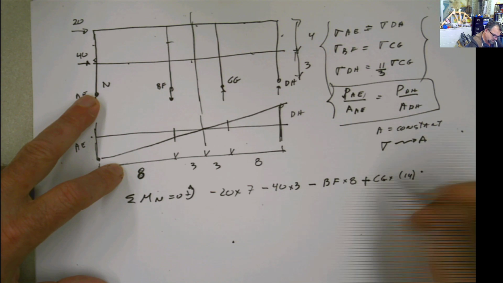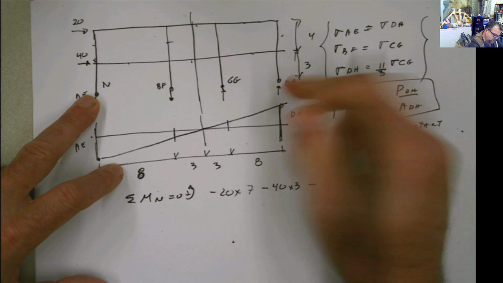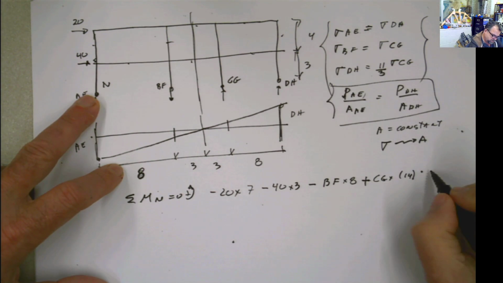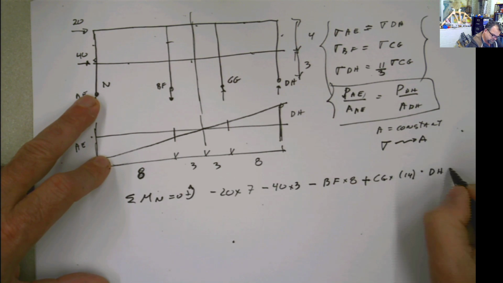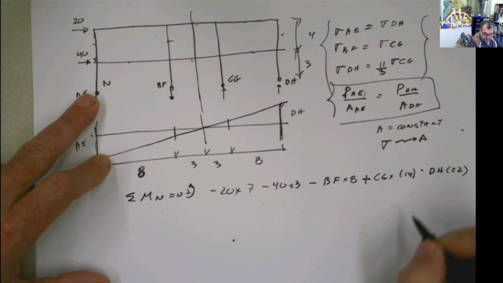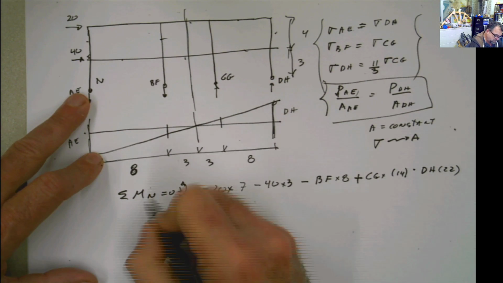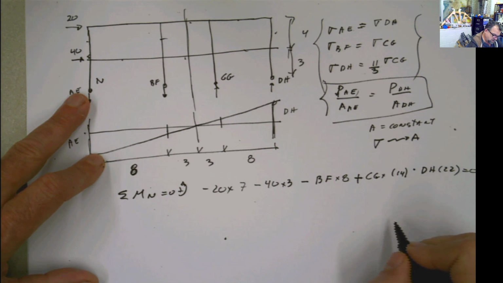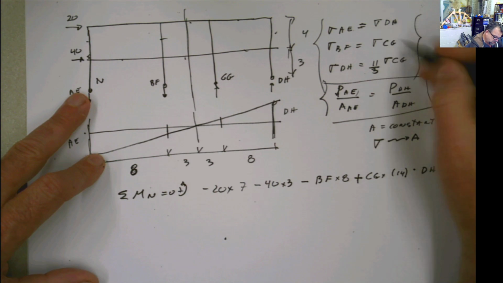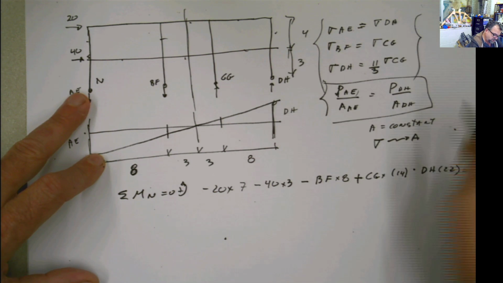Plus, yes, plus DH times 22. I'm solving this problem as I'm working with you, so that's why I'm hesitating sometimes. Equals 0. Now we have also these relations here, and we can put everything as we did before.